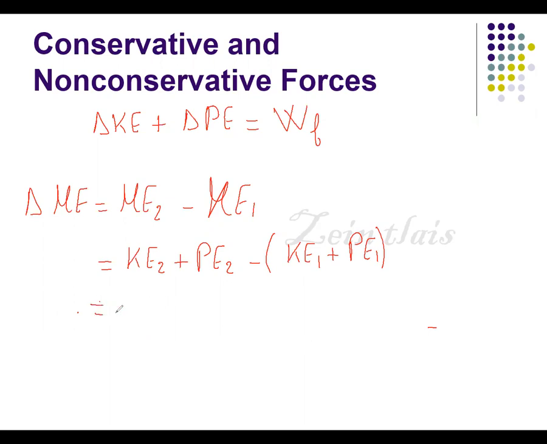So here we have kinetic energy 2 plus potential energy 2 minus kinetic energy 1 minus potential energy 1. Kinetic energy 2 minus kinetic energy 1 equals delta kinetic energy.